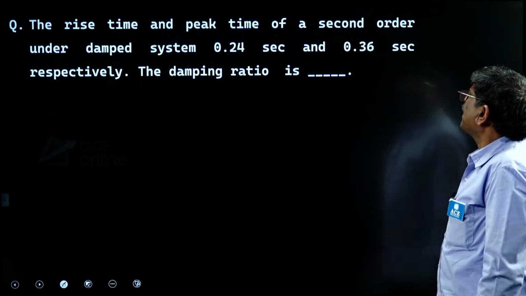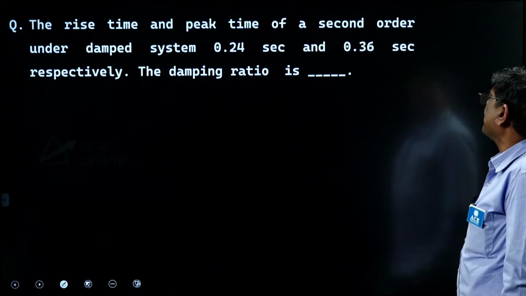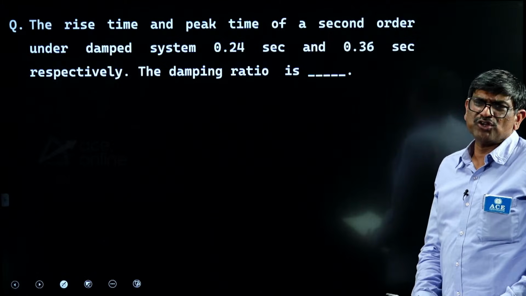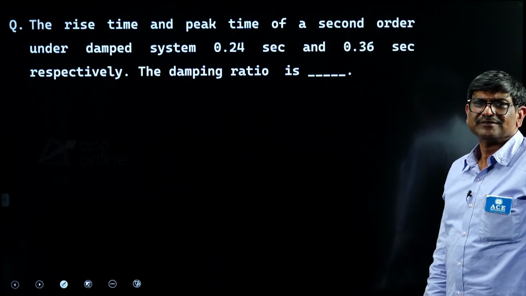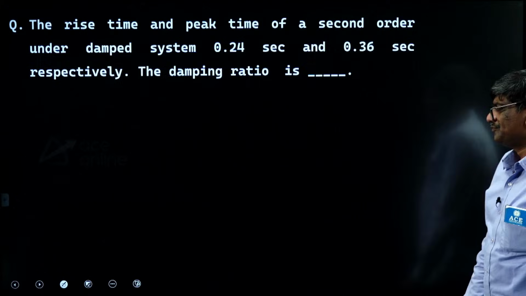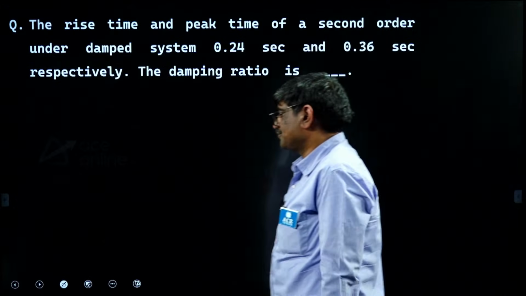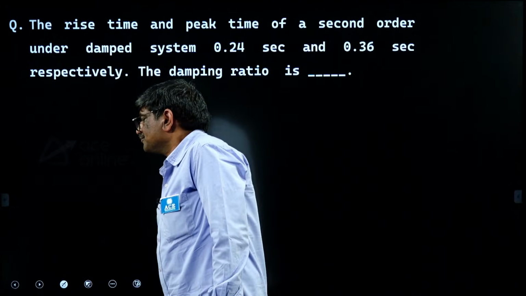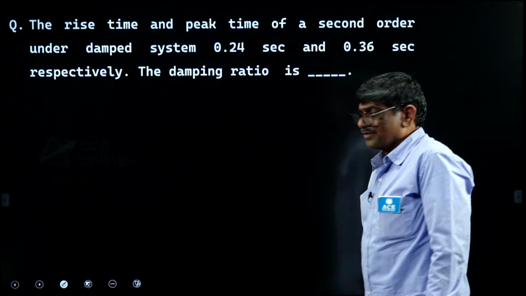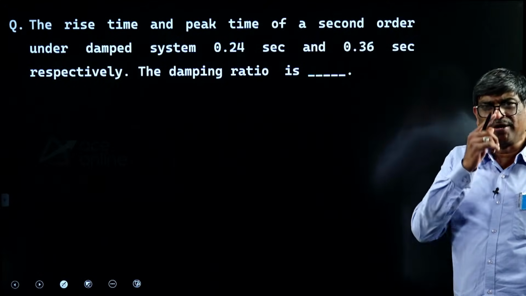Solve this question. The rise time and peak time of a second order system are given. The damping ratio zeta is? Come on, do it.